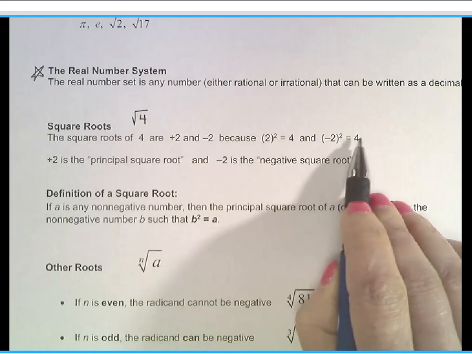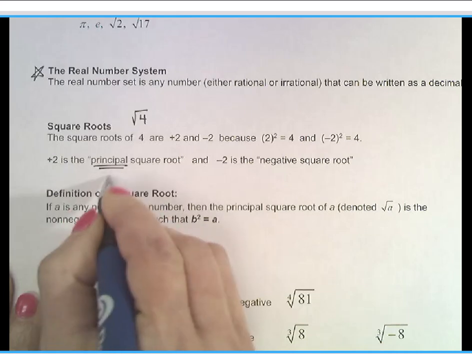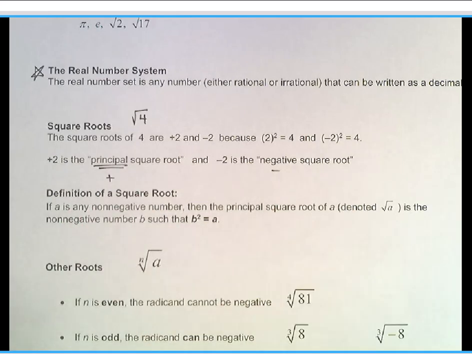Those two negatives become positive. We call the positive one the principal square root, and the negative one is literally just called the negative square root. But if you see the word principal in there, they mean the positive one. And that's the one that we use most of the time. Like in most real world examples, the positive one is the one that we use. So that's the principal, like the most used square root.